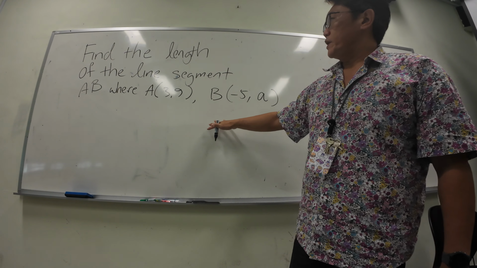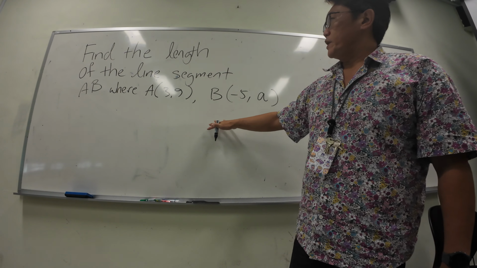AB is the square root of, because this is Pythagoras theorem. Exactly. So you know that it's going to be the square root of the difference in x squared plus the difference in y squared, because your x and y differences will give you the two shorter sides of the right angle triangle.